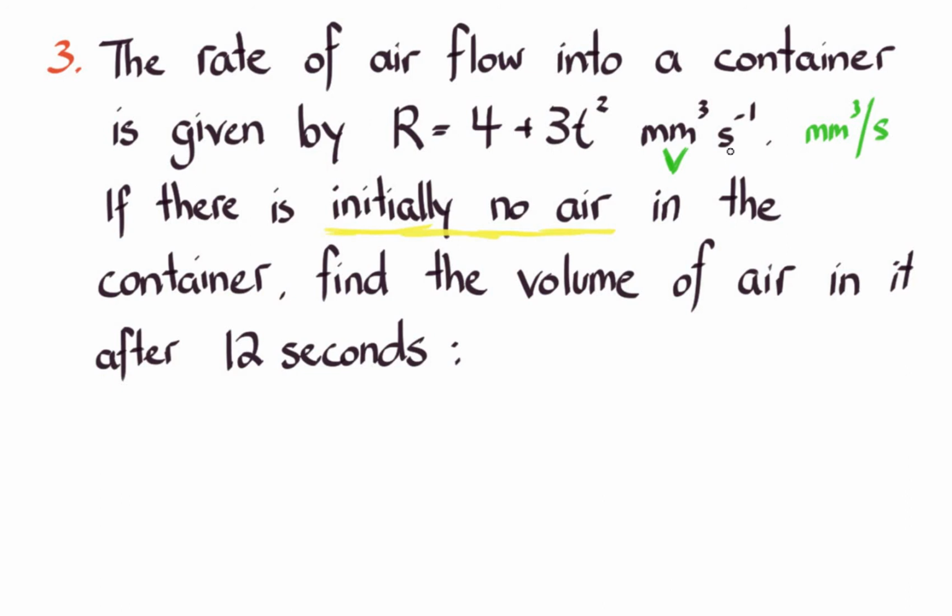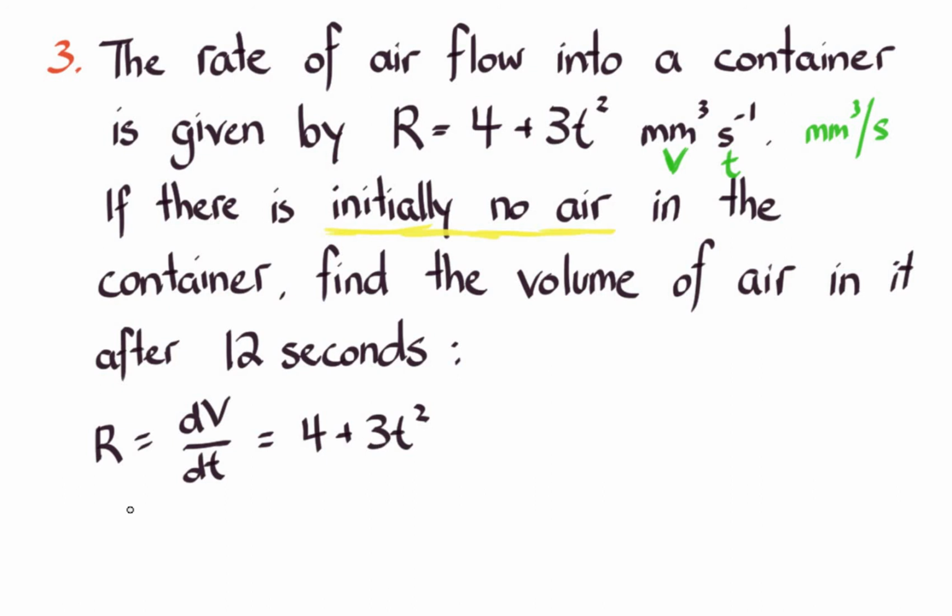But either way, we've got our time there. So our rate is a change in volume with respect to time changing. Okay, so we can express it in this derivative form, and that's equal to 4 plus 3t squared.